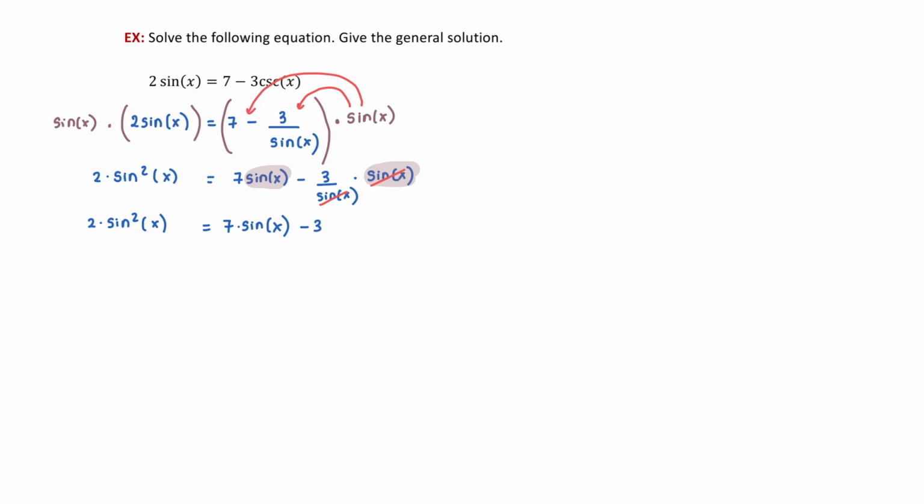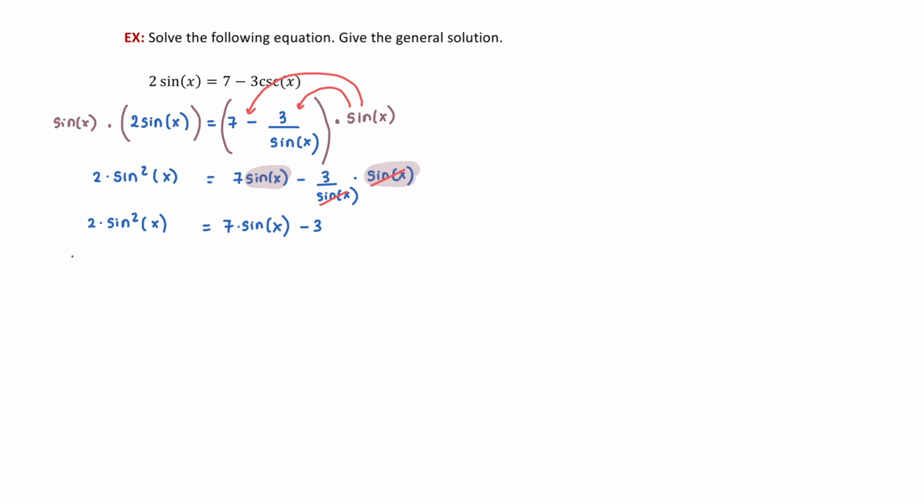And I am hoping that you can already see that we have a quadratic in terms of sine. And the way to solve a quadratic equation is to move everything to one side and to leave 0 on one side of the equation. So I'm going to go ahead and move everything on the right towards the left, because this is where I have the expression with the highest exponent.